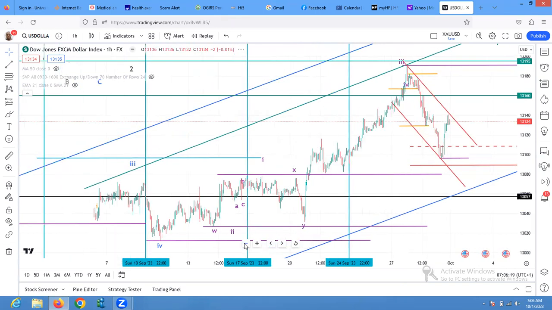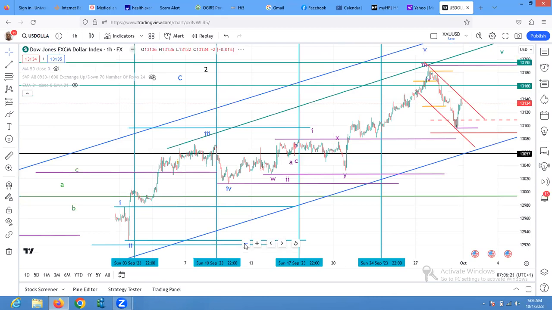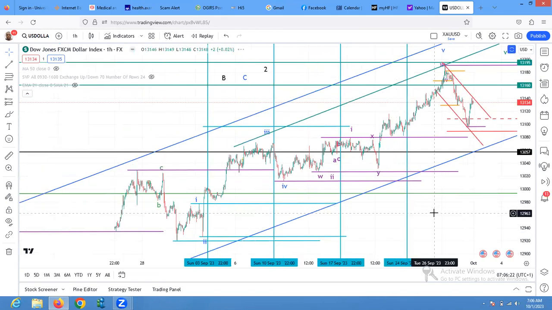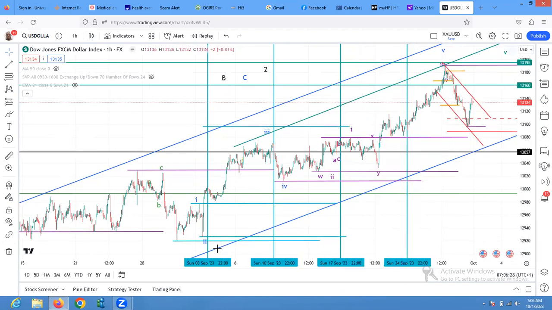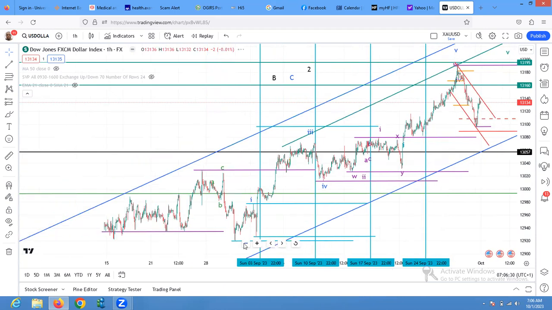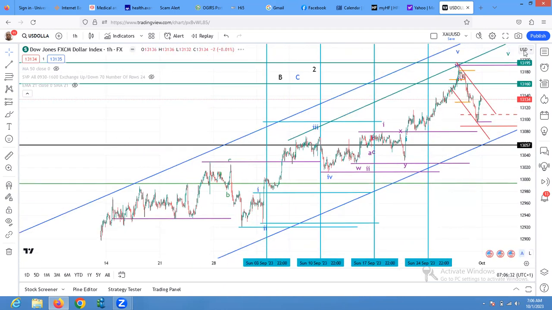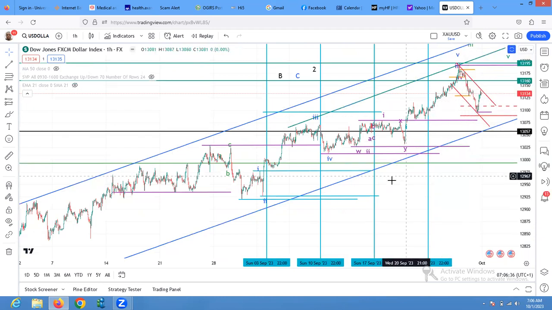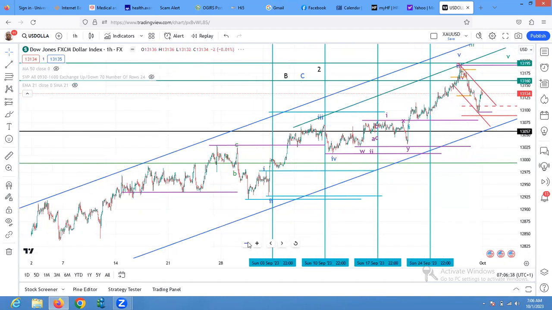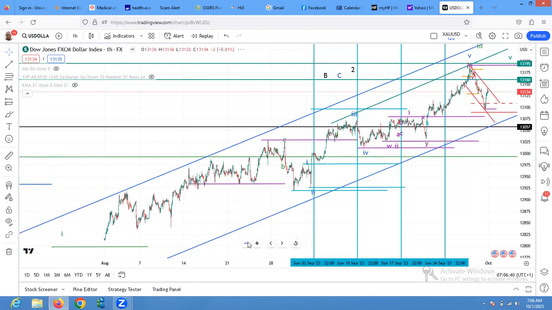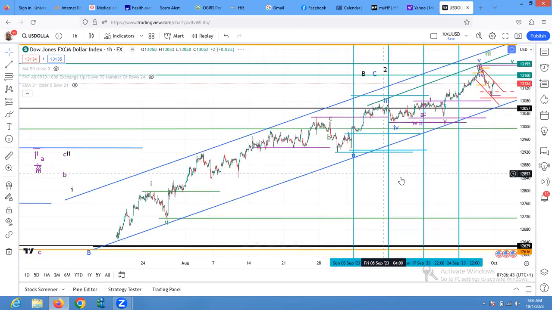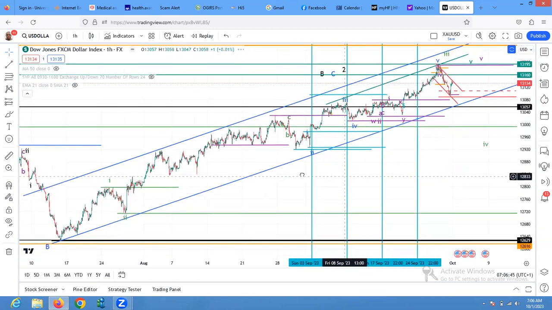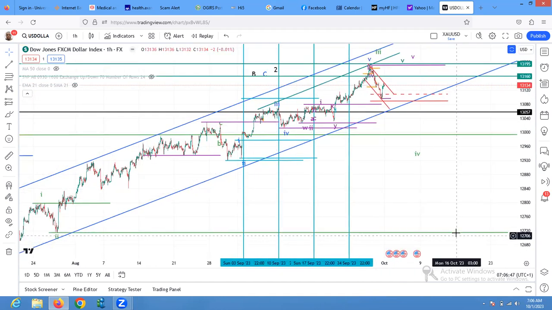So it means that we are anticipating a correction here. This is the correction that we are anticipating now to these two.